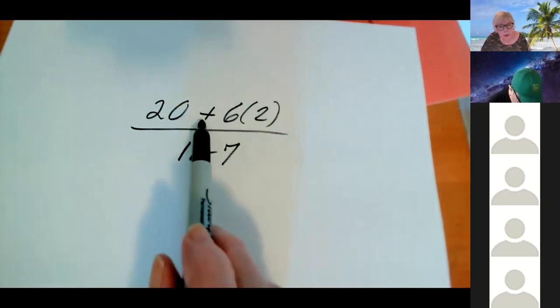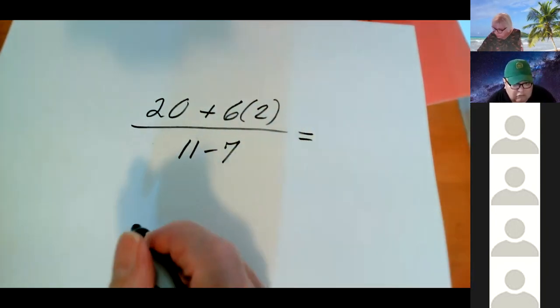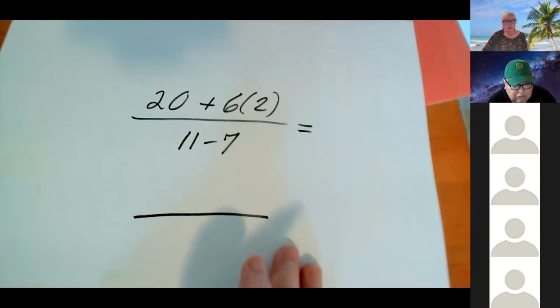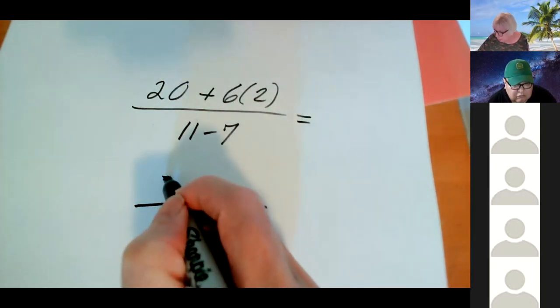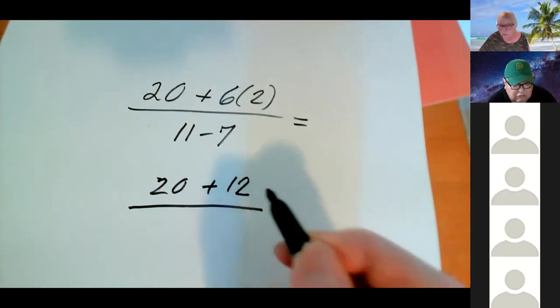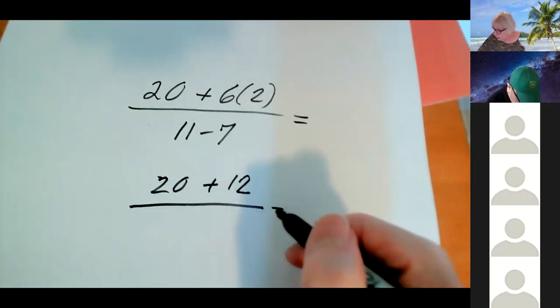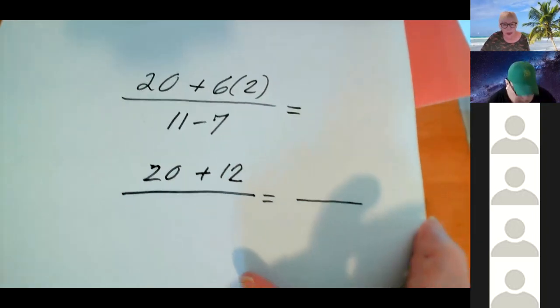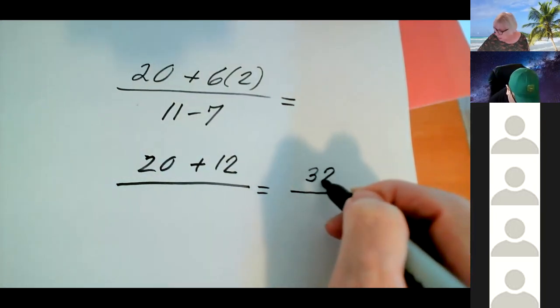So what do you do with 20 plus 6 times 2? Multiply the 6 and the 2 first. Okay, good job. So this is 20 plus the 12, and you know how that's going to turn out. 20 and 12 would be 32.